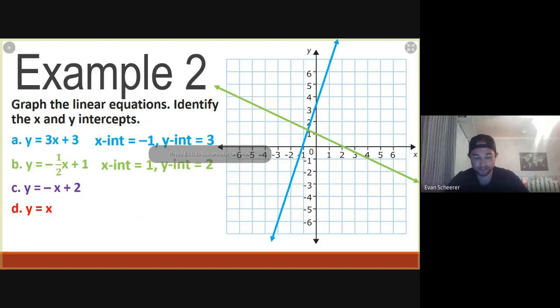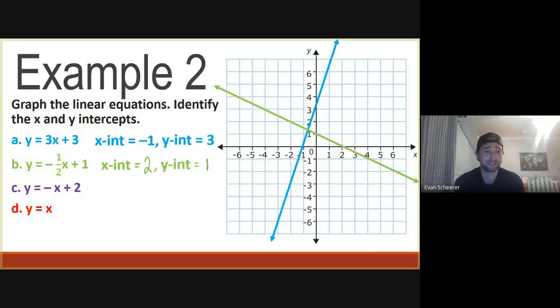Notice, guys, that is wrong. Your x-intercept is actually going to be 2, and your y-intercept is going to be 1. Sorry for that mistake.